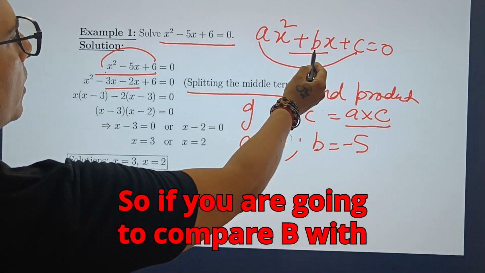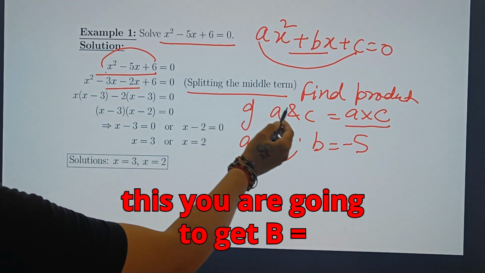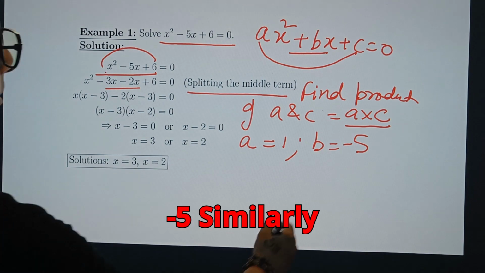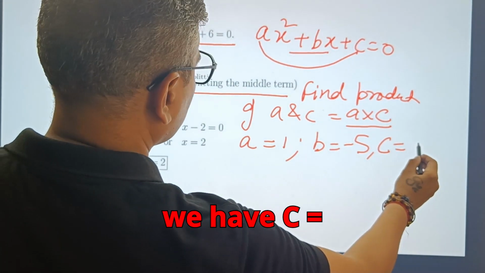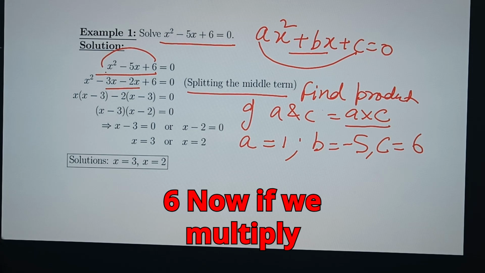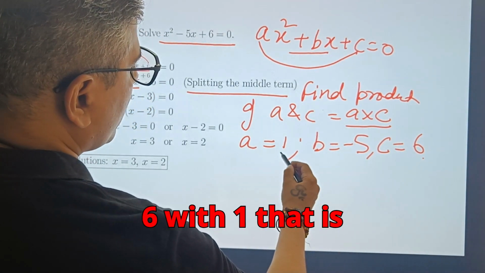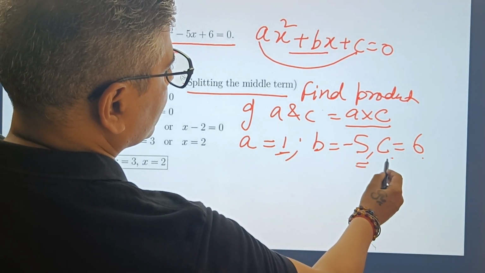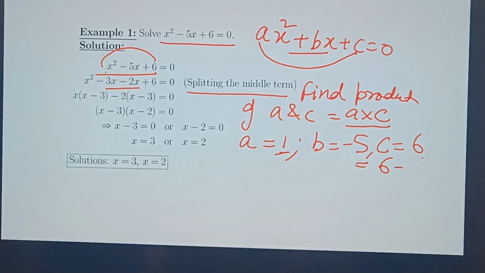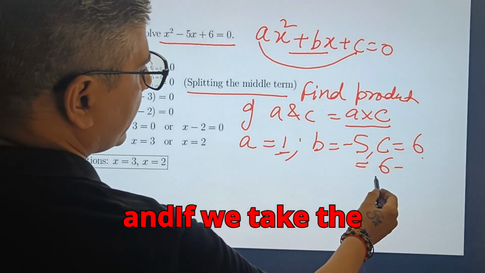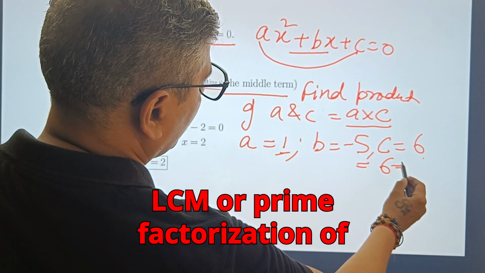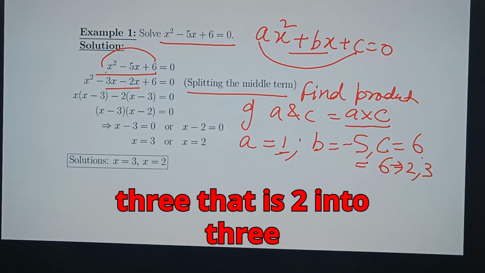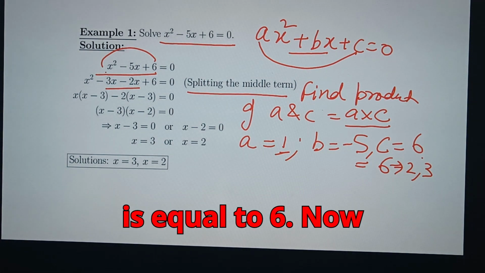So if you compare b with this, you get b equal to minus 5. Similarly, we have c equal to 6. Now if we multiply 6 with 1, that is a into c, it gives you 6 only. And if we take the prime factorization of 6, then you get 2 and 3, that is 2 into 3 is equal to 6.